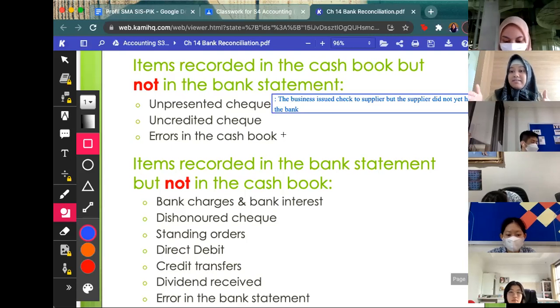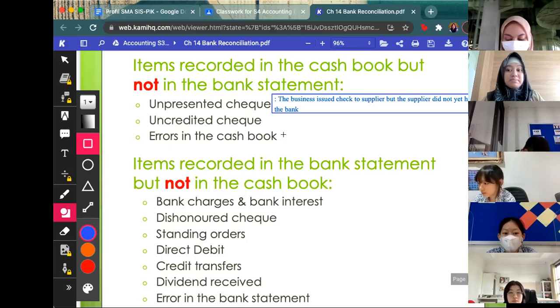Maybe you gave the check on, let's say, September 30. But then the supplier handed in the check on, let's say, October 10. So it means that you have a record in September, but the bank will have the record in October.